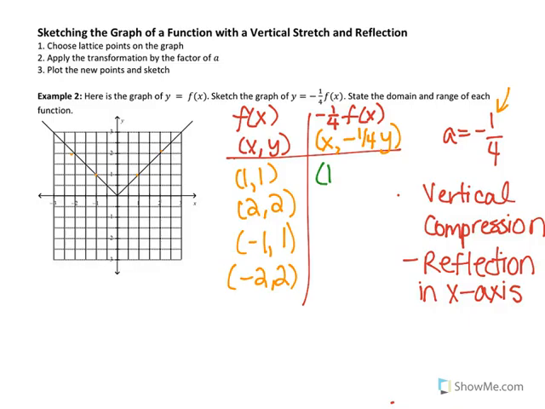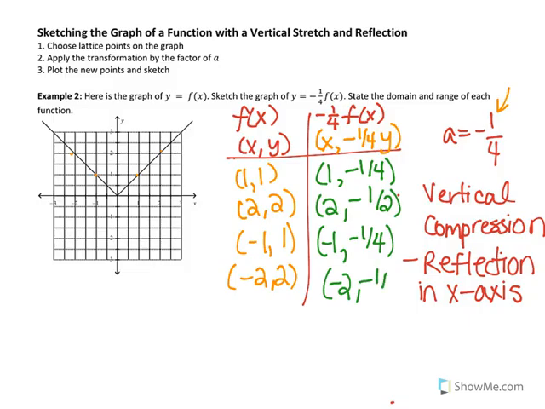Okay, so our new points will be at 1 and -1/4. They'll be at 2 and 2 times a quarter, -1/4, which is -1/2. And we'll also have -1 and -1/4, and -2 and -1/2.